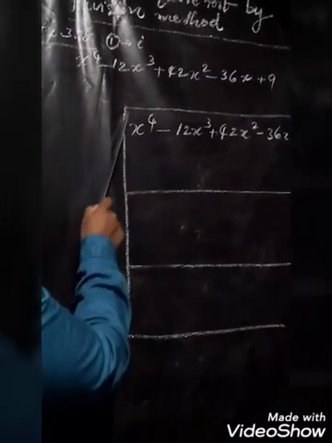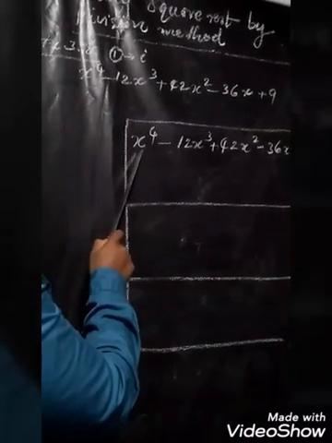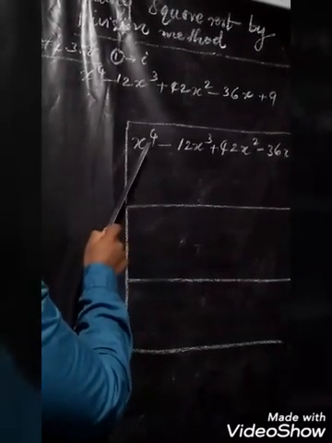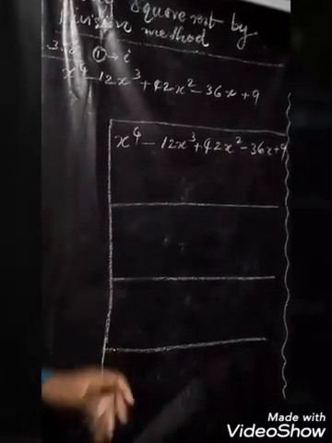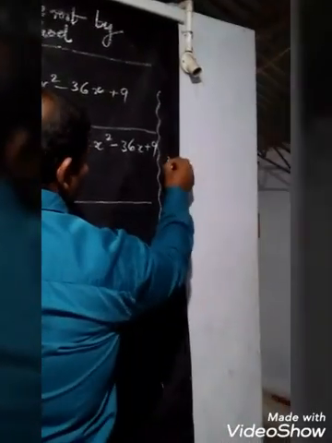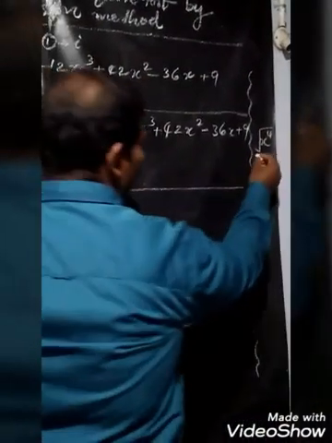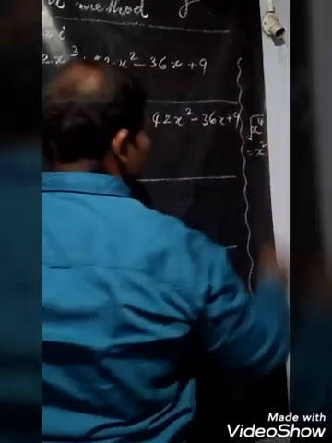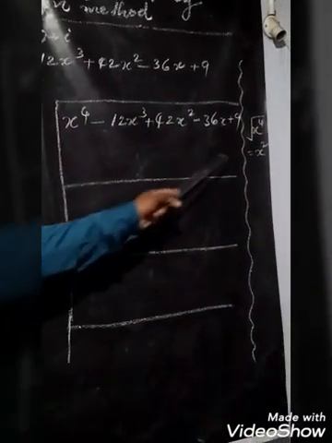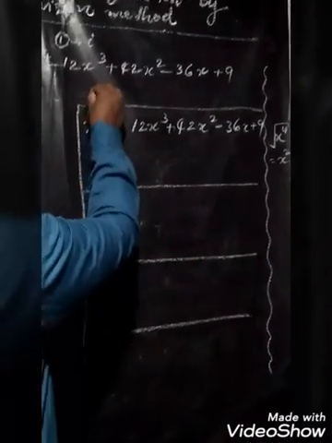The first term is x power 4, and we have to find its square root first. The square root of x power 4 is x square. So we start with x square.